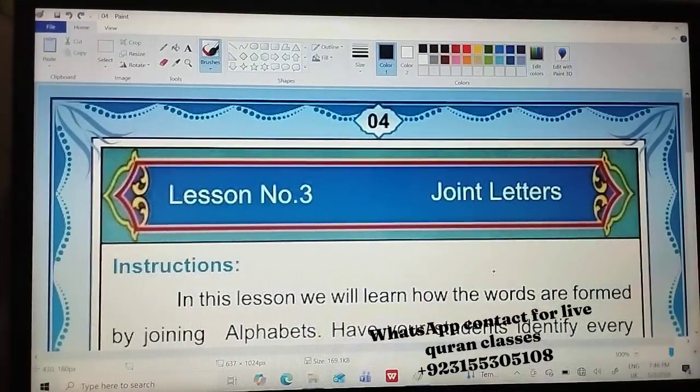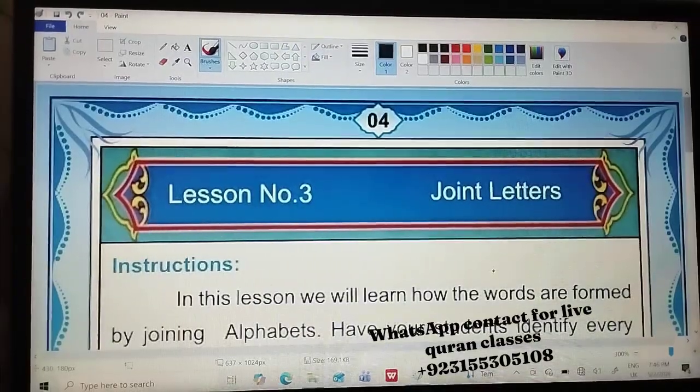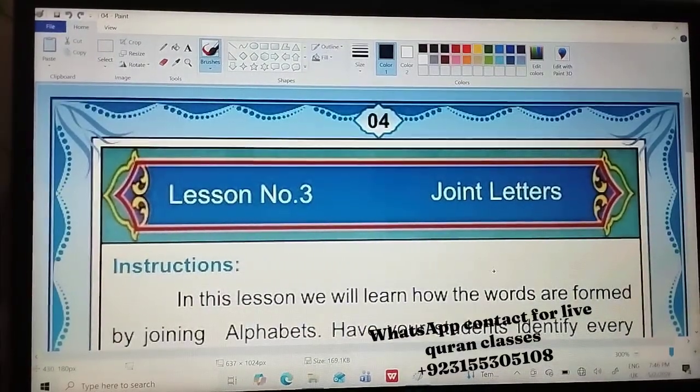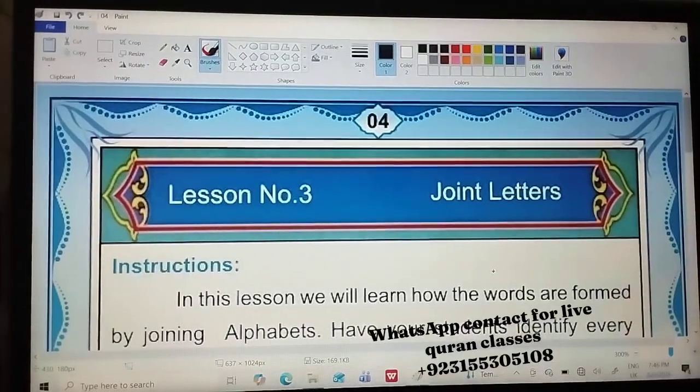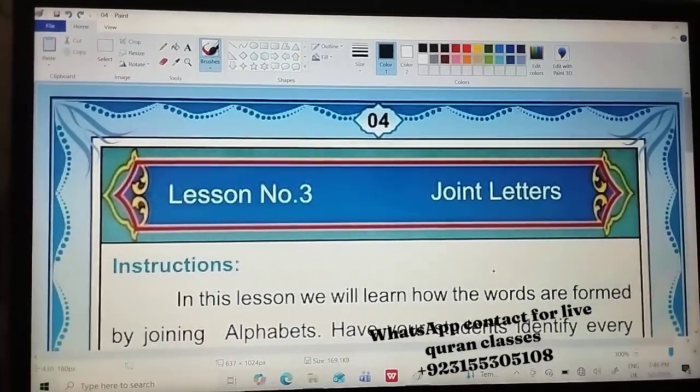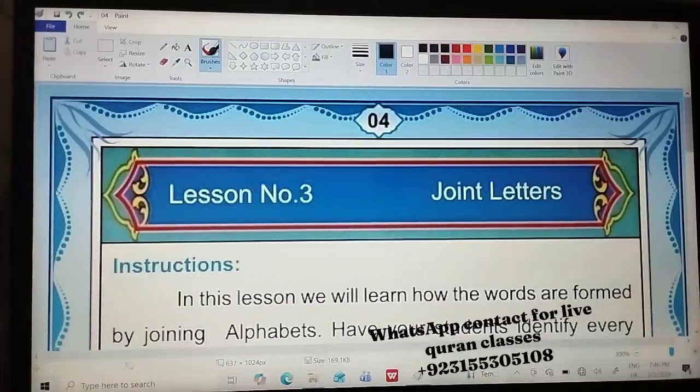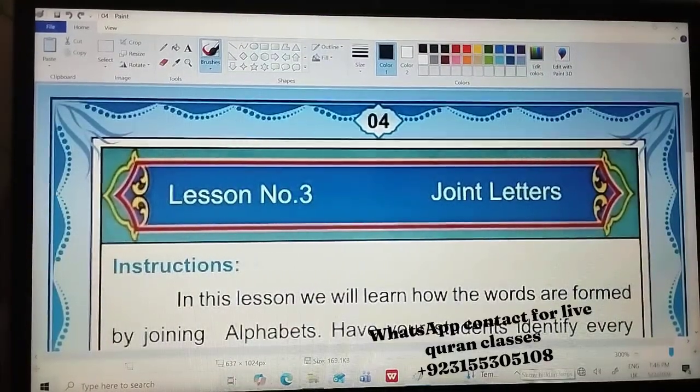Some letters are the same in sound, some letters are the same in shape, and how to pronounce these letters. All things we read completely, alhamdulillah. Now we are on the next chapter, joined letters.